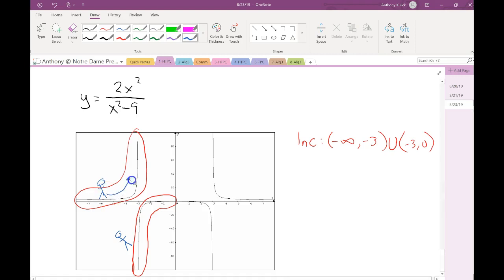So here we're walking uphill, here we're walking uphill. But as soon as we get to 0, we start walking downhill, right? Agreed with that? So my decreasing sections then are 0 to 3, and then 3 to positive infinity.